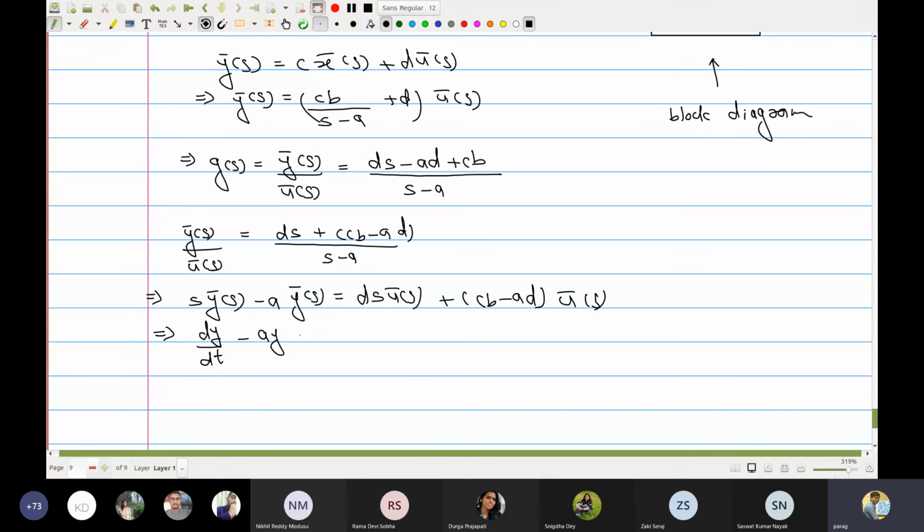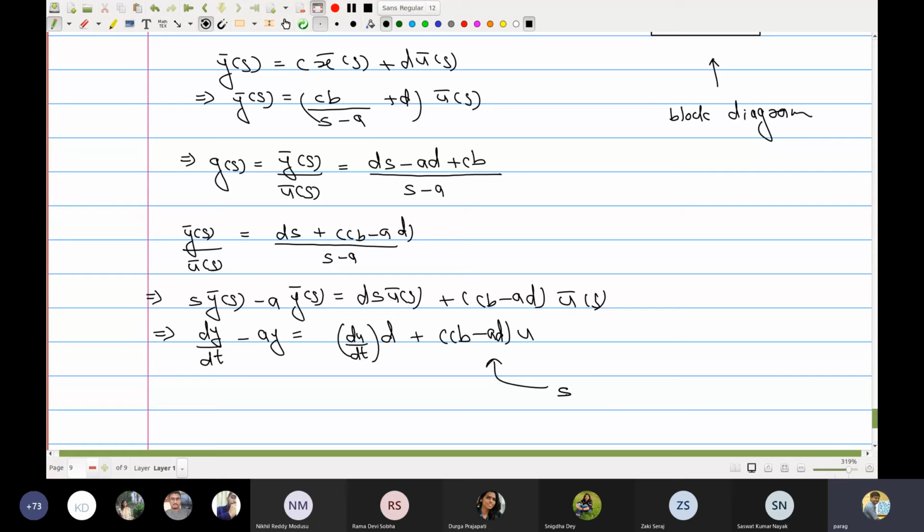This should be equal to d du by dt. Please do not confuse these two d's. Let me write here as this, plus cb minus ad times u.